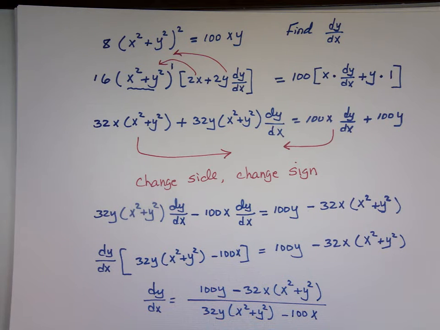Quick problem. Fun, fun, fun. If that was actually a problem on the homework, I'm sure they'll pull a 4 out from each one and simplify it, because they're all divisible by 4.